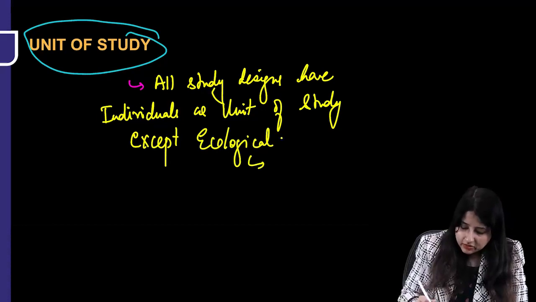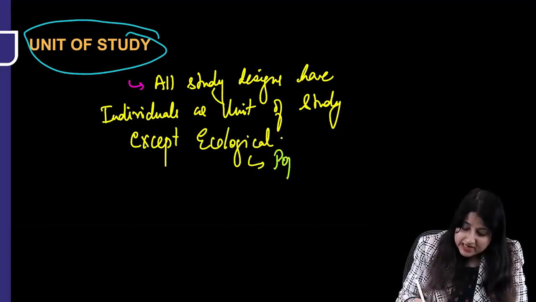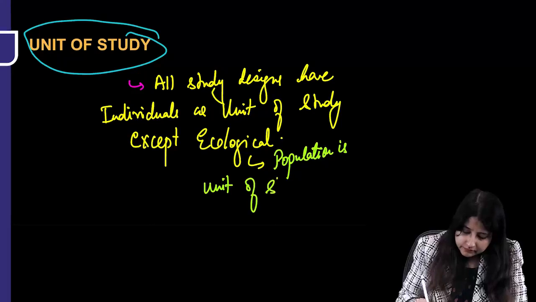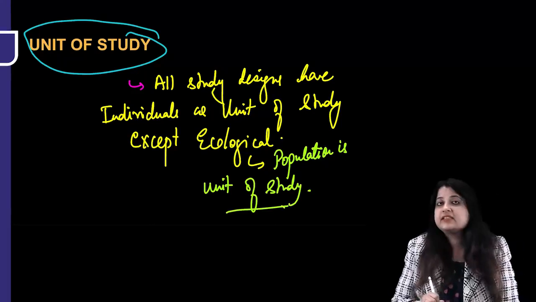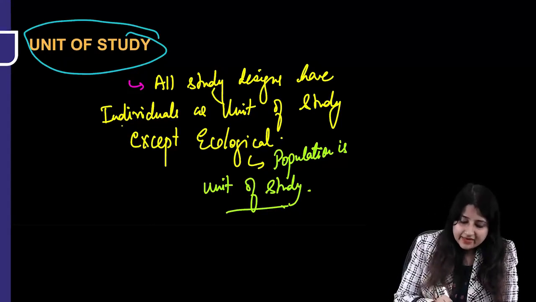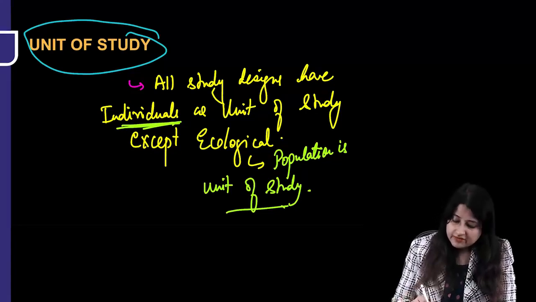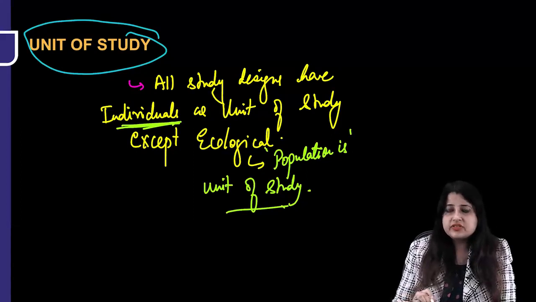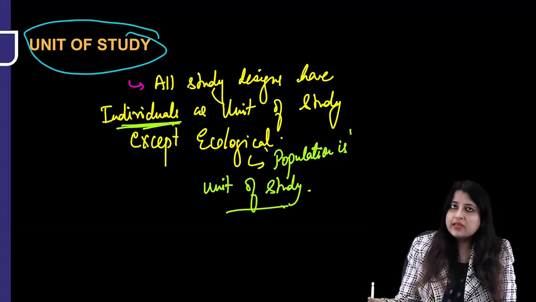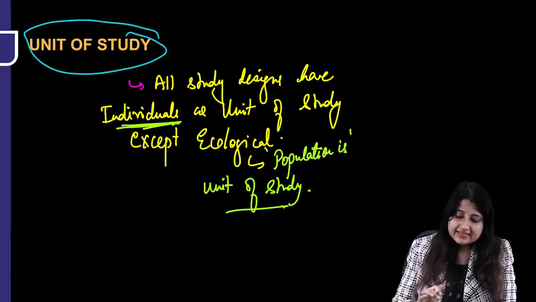Why? Because in ecological, population is the unit of study. So all study designs have individuals as unit of study, except ecological, where population is the unit of study. We'll be reading about this when we take up the individual study designs as well.